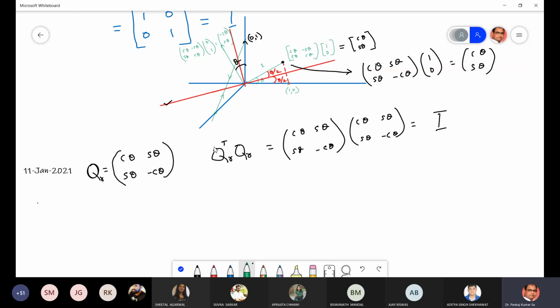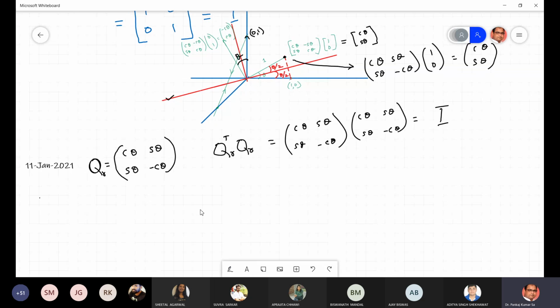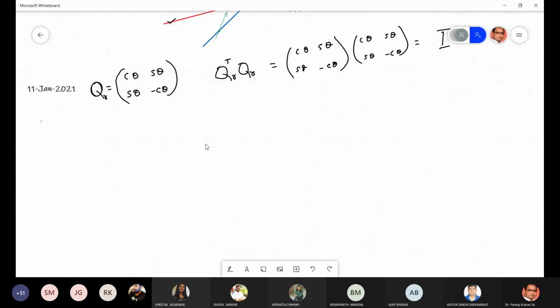Can I prepare any random matrix and call it a transformation matrix, like reflection, rotation and all this? That is not possible because they have to hold certain properties.